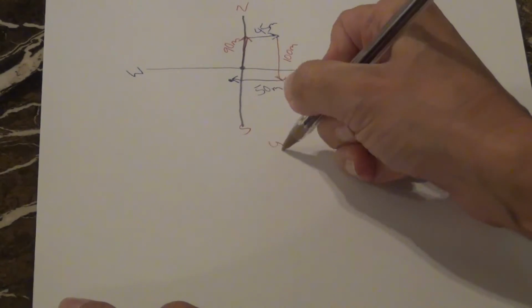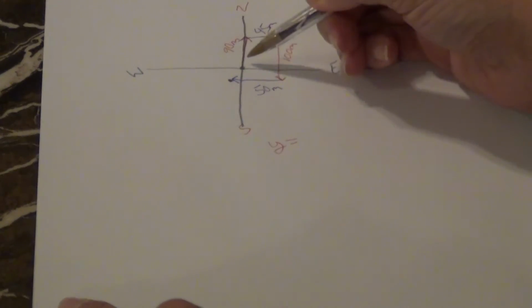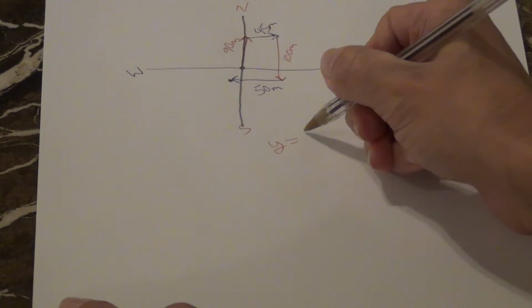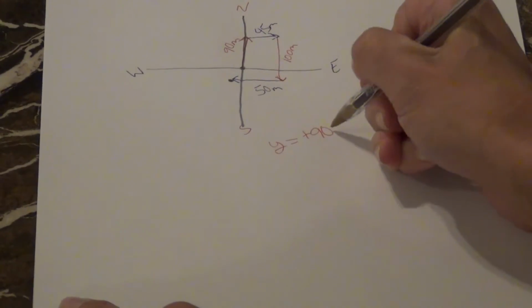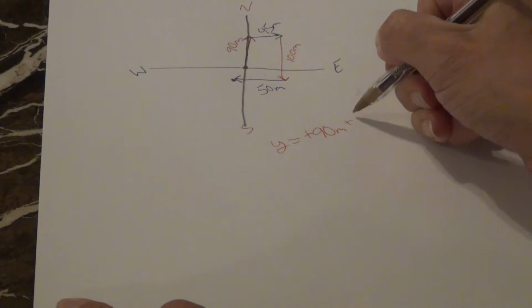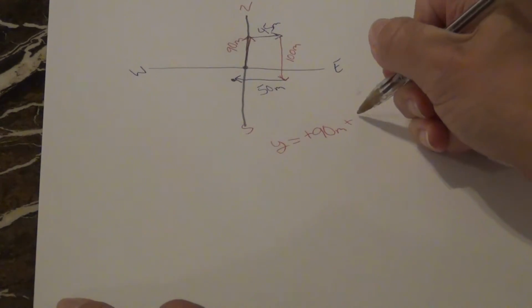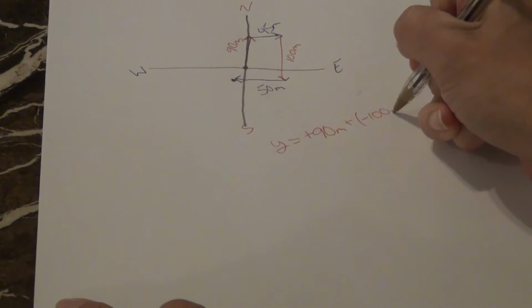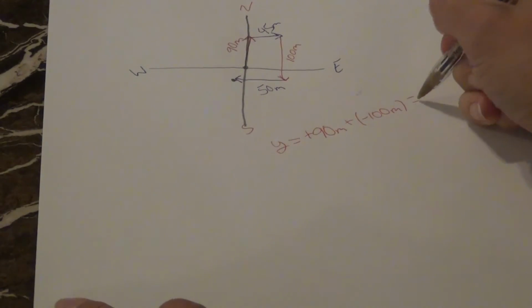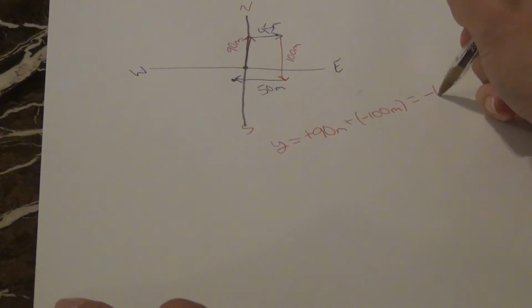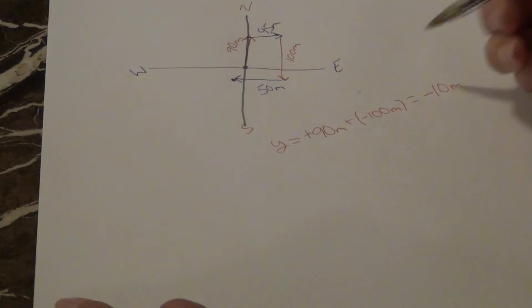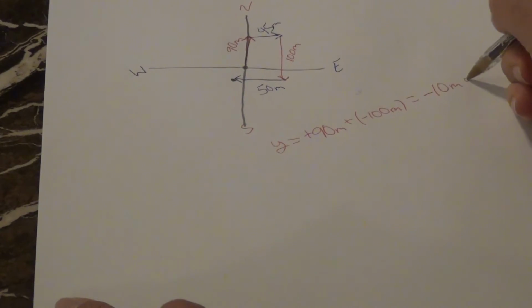If I took my y-axis and wanted to know how far off that way I was, north is still positive, plus 90 meters, plus negative 100 meters. So I have a net of negative 10 meters in the y direction, or 10 meters south.